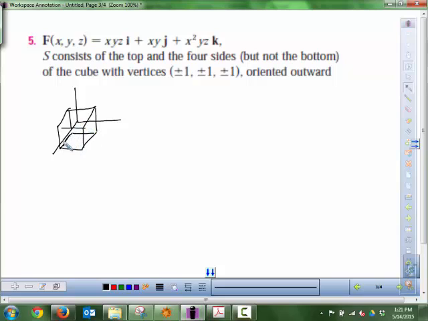I would need to deal with 5 surfaces if I were to do the regular flux of the curl here.